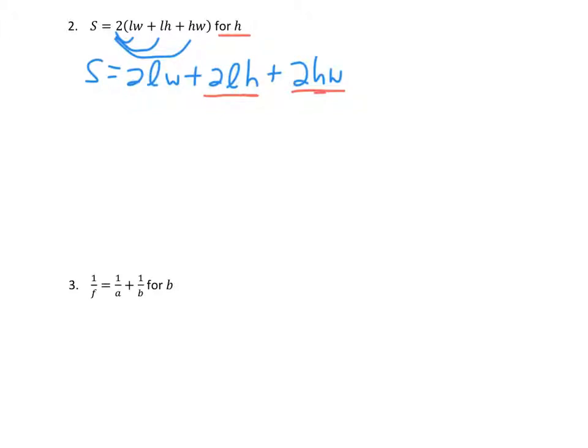So what you want to do is get all the terms that have the variable you're trying to solve for on one side of the equation, and get all the other terms that don't have the variable you're solving for on the opposite side. So we'll want to subtract this 2lw from both sides.